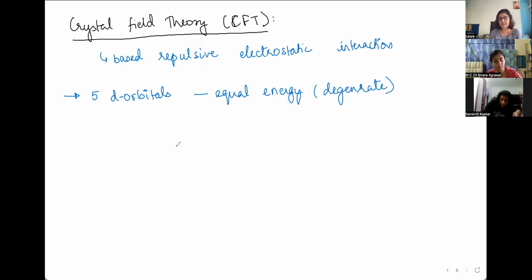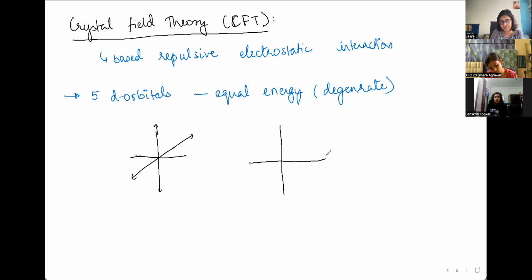Do you remember how they're arranged in space? I'm just going to draw 5 of these. Or do you remember the names at least? Which are the 5 d orbitals?